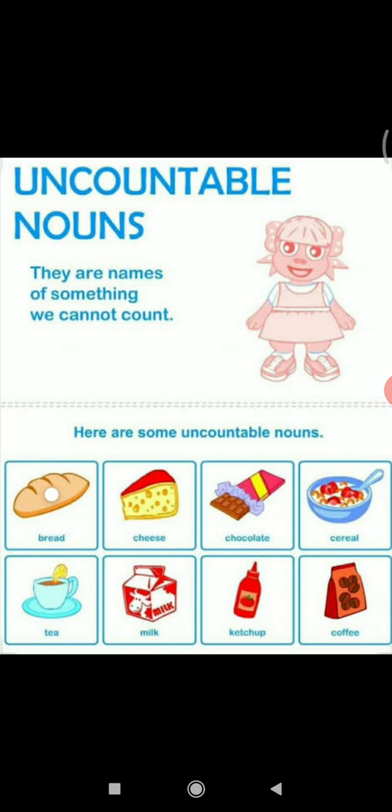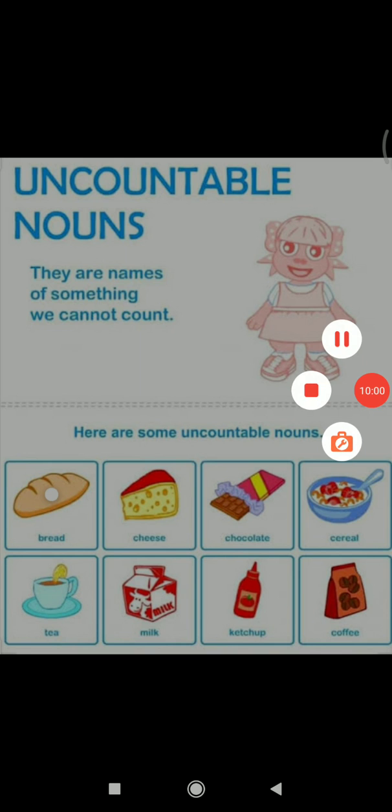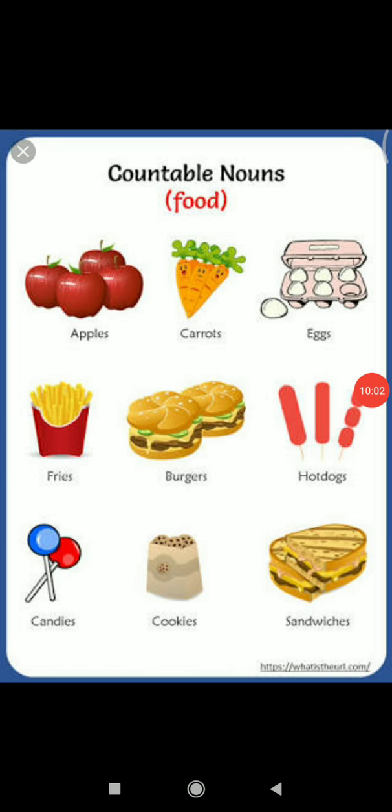Now let me show you some extra images. In this image you can see clearly. The first image is apples. We have 4 apples. Second, carrots. We have 3 carrots. Then eggs. We have 6 eggs. Then fries.